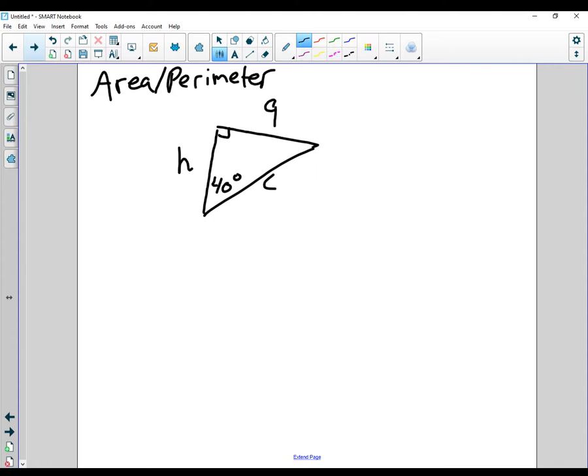If we're looking for h, let's focus in on this angle. What is this side? Opposite, adjacent, or hypotenuse? Yeah, this is opposite. What is this side? Adjacent, yes. And this is the hypotenuse.